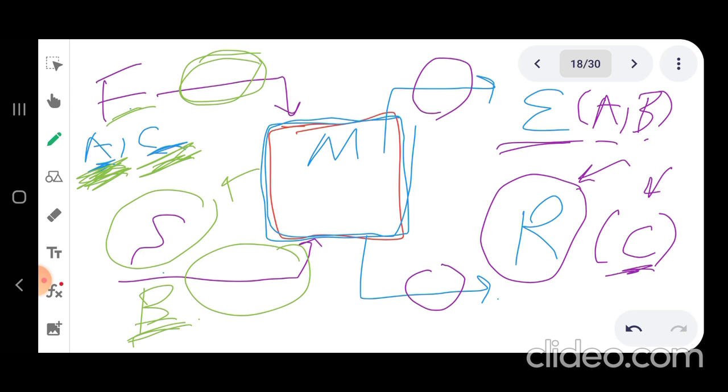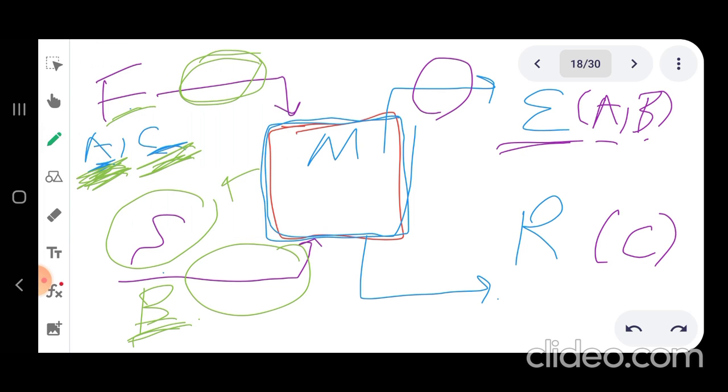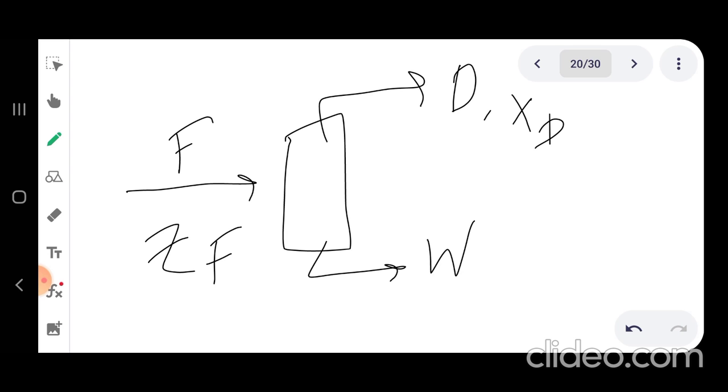Yeah, so that's it. Now let's give some samples for composition. Let me remind you, with distillation, we have a feed with the composition ZF, then we have the distillate with the composition XD, and then we have a waste with the composition XW.